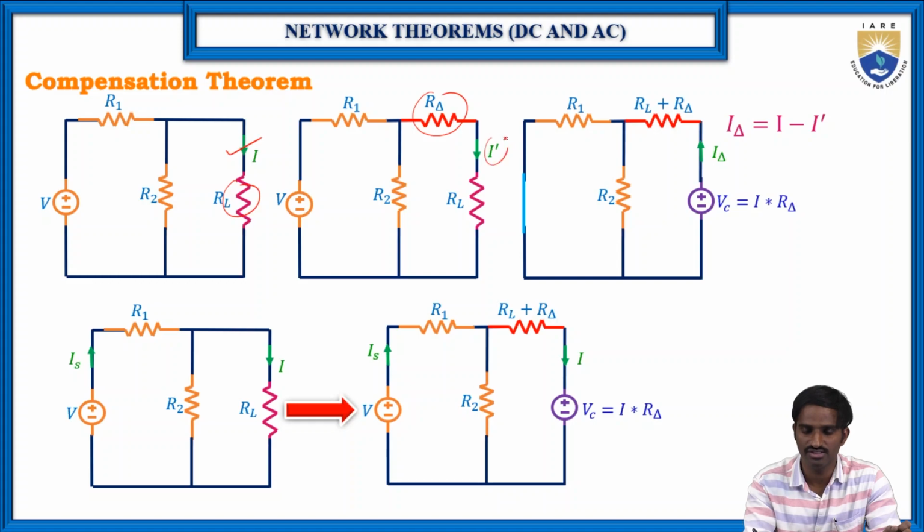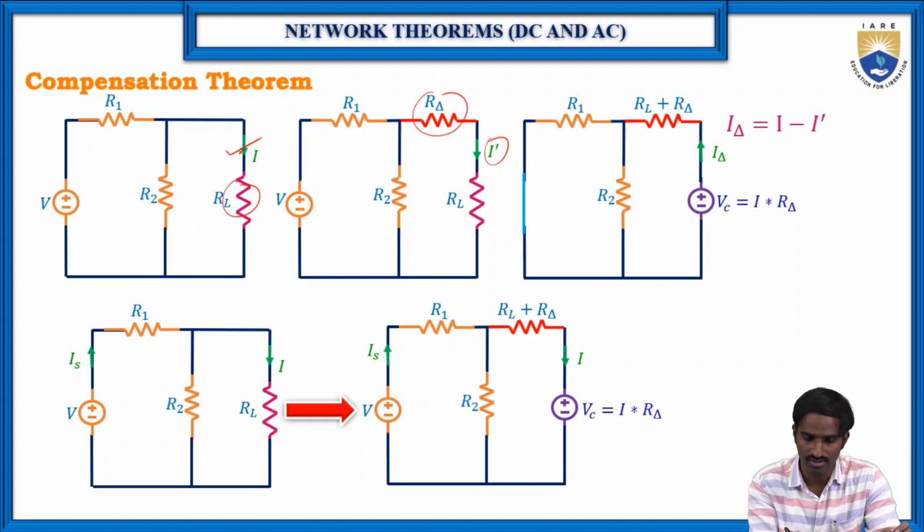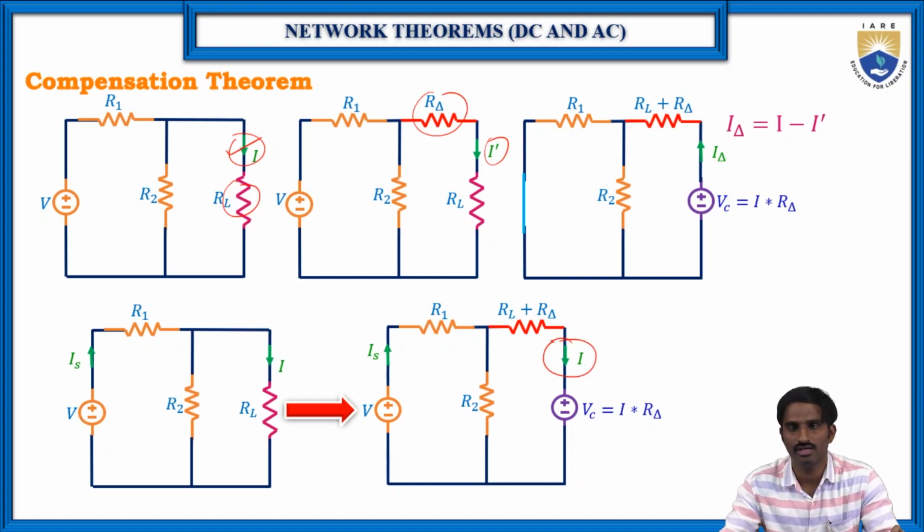Let us consider the changed current to be I dash, right? Here if you replace with VC equal to I into delta R, then the current flowing through here, I, is the same.